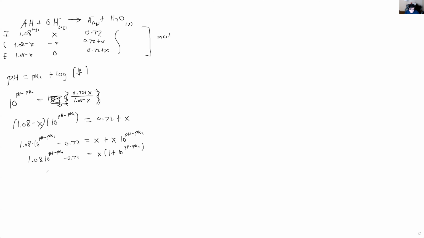And then what we do is just divide by the 1 plus 10 to the pH minus pKa. So we get 1.08 times 10 to the pH minus pKa minus 0.72 over 1 plus 10 to the pH minus pKa. That's equal to x. Any questions so far?